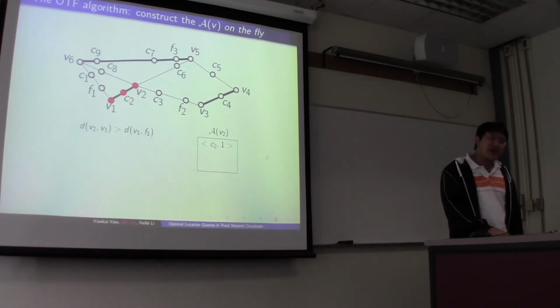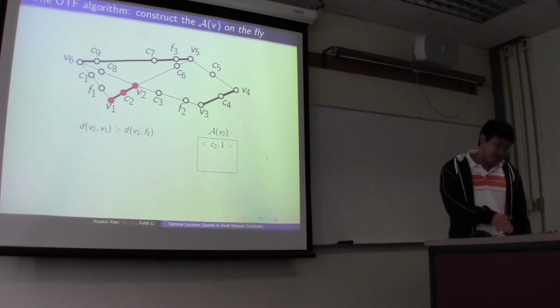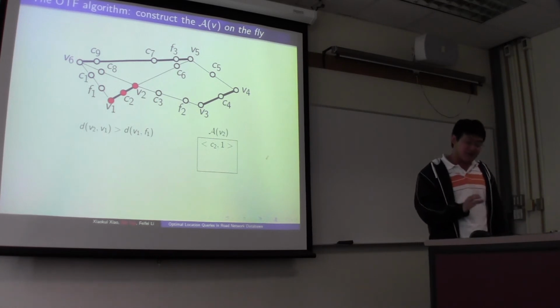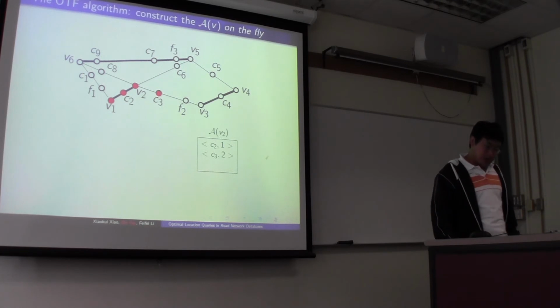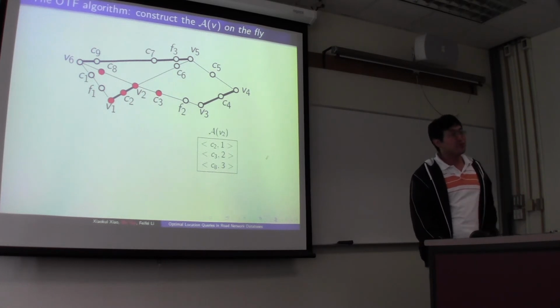If a normal vertex is encountered, and the distance between V2 and V1 is larger than the distance from this vertex to its nearest facility, then we can stop expanding from this vertex. In the following, we just keep expanding until none of the vertices can be reached from V2.